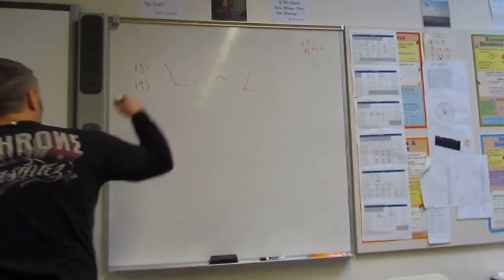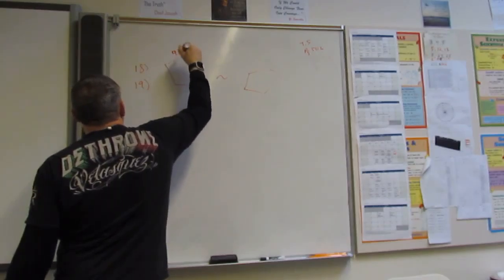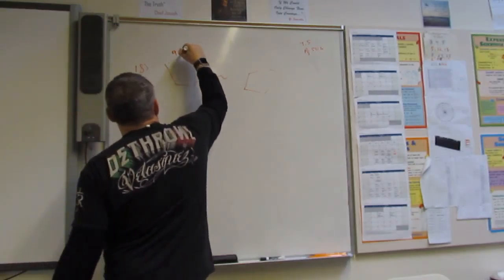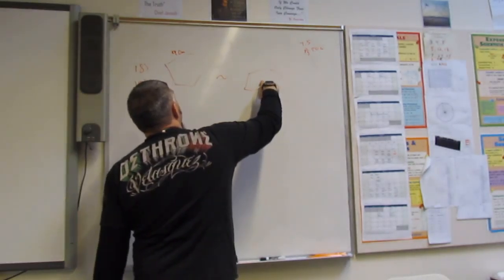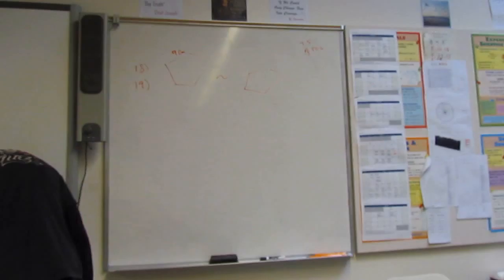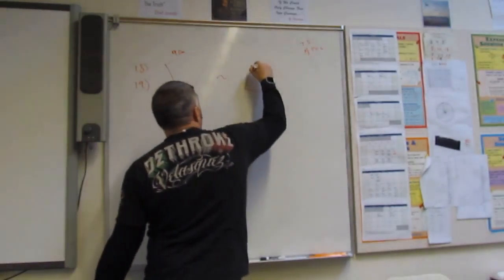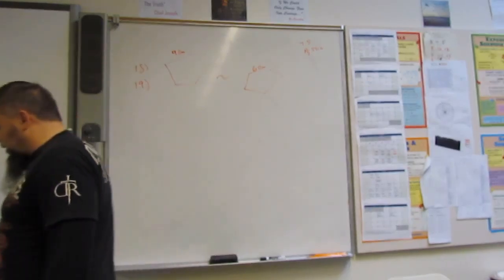So, this bigger one has a side, just one of the sides is 90 meters, right? And then this polygon is similar to it, and its side is 60, I believe. That is similar to that side, right? So 60 meters, okay?